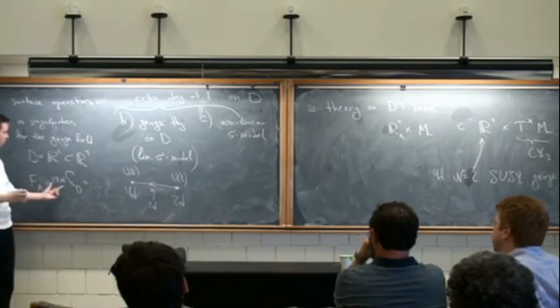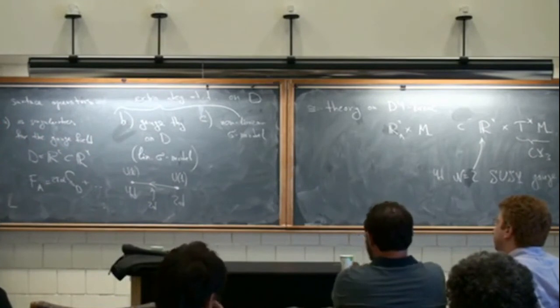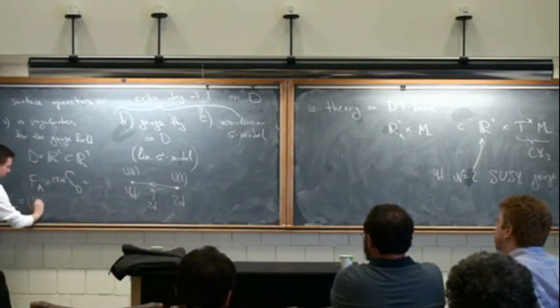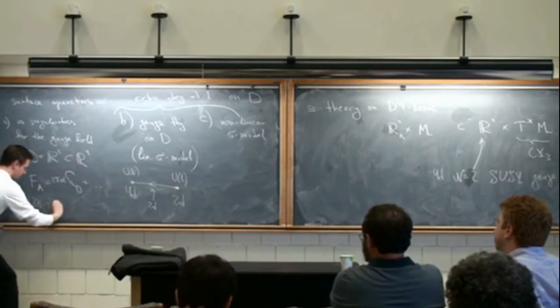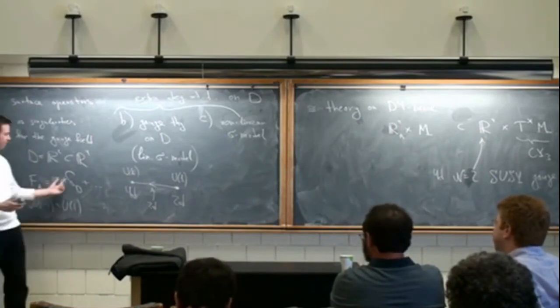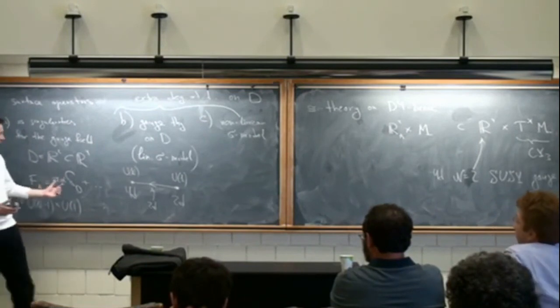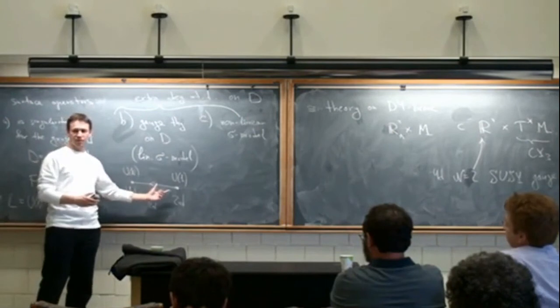In fact, this is a surface operator which breaks the gauge group G, which is U(N) in our case, to the subgroup U(N-1) cross U(1). Such operators, which we call next to maximal Levi-type, have only one parameter. In this language, it's alpha, describing the singularity. In this language, this is a theta term.